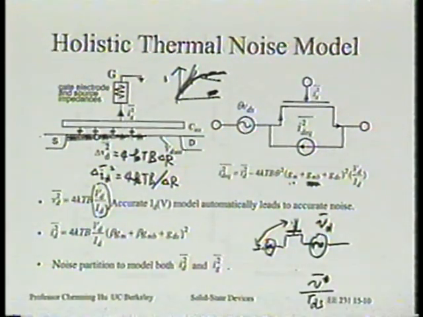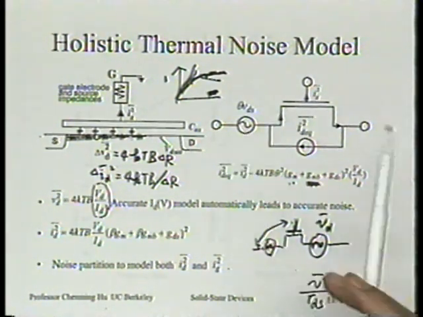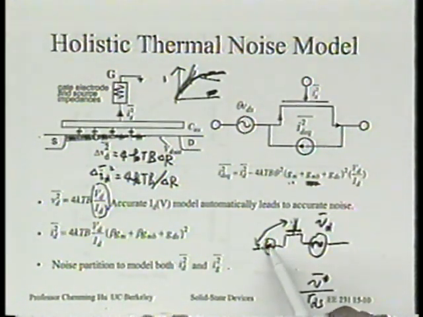Question, yes? Why would we assume that GMB has the same or even nearly the same frequency response as GM? By definition, both GM and GMB are measured as a result. Suppose I put a voltage source here. I used this figure before.